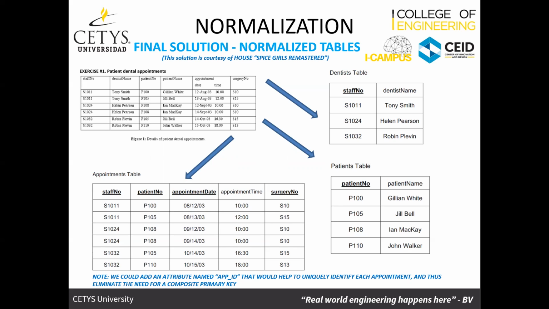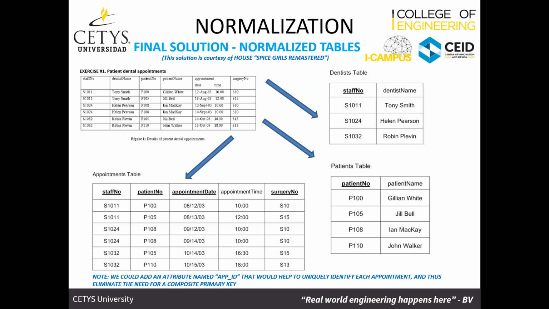That generates this new table, and we can have a combined primary key, or composite primary key, with all of these fields, because we need these fields to specifically identify a record or an appointment.